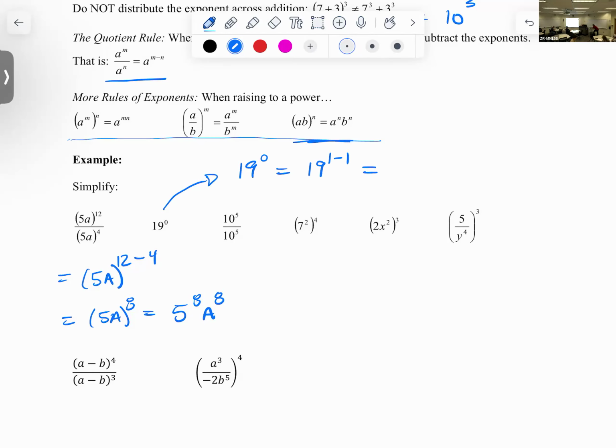Then reversing the quotient rule, that actually becomes 19 to the first all over 19 to the first. What's anything over itself? 1. So anything to the 0 power is 1. It doesn't matter what is inside there. If the whole thing is raised to the 0, it is always just 1.